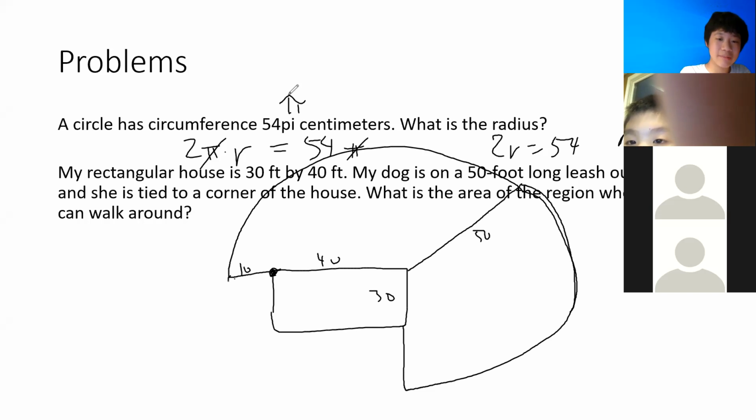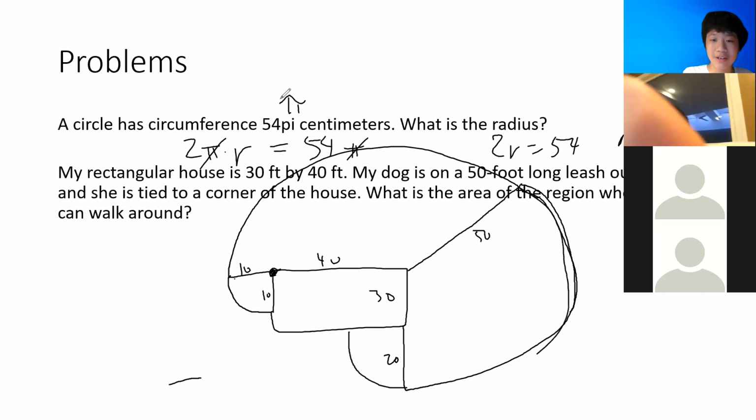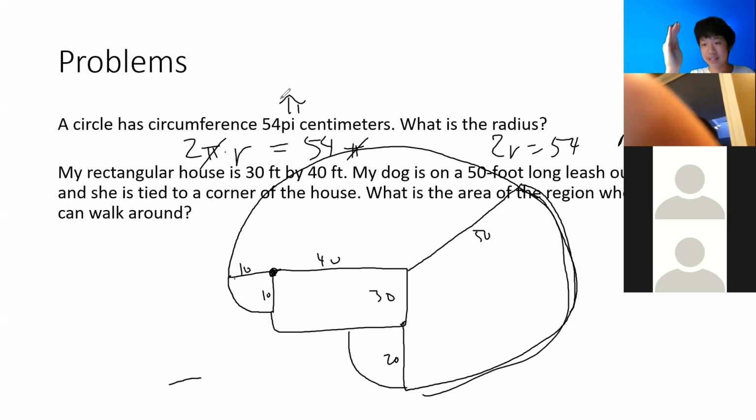And then the leash makes a smaller circle with radius 10, a quarter circle like that. And similarly on the other side, once it gets here, we only have 20 left, so it can't make a circle of radius 50. And it rounds like that. Okay, does everyone get how this works? Because when you hit the wall here, the rope is going to bend so that its radius is only going to be 20 now.